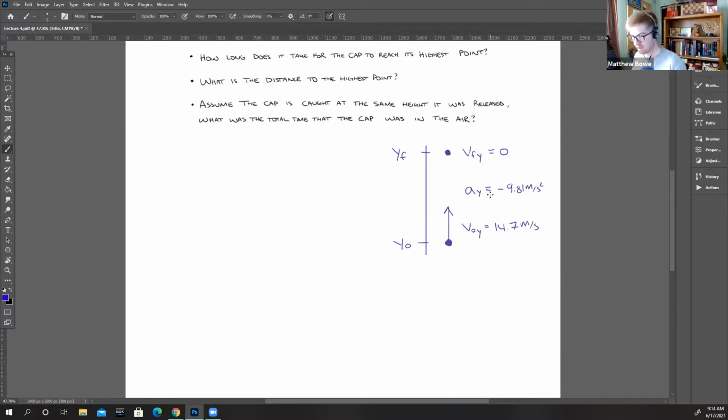So how long does it take for the cap to reach its highest point? We're going to use a kinematic equation.